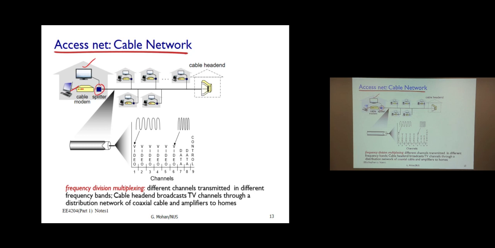Our computers are connected to this, or we can connect a wireless router to this modem, and all our other devices like phones and computers can be connected to the router.